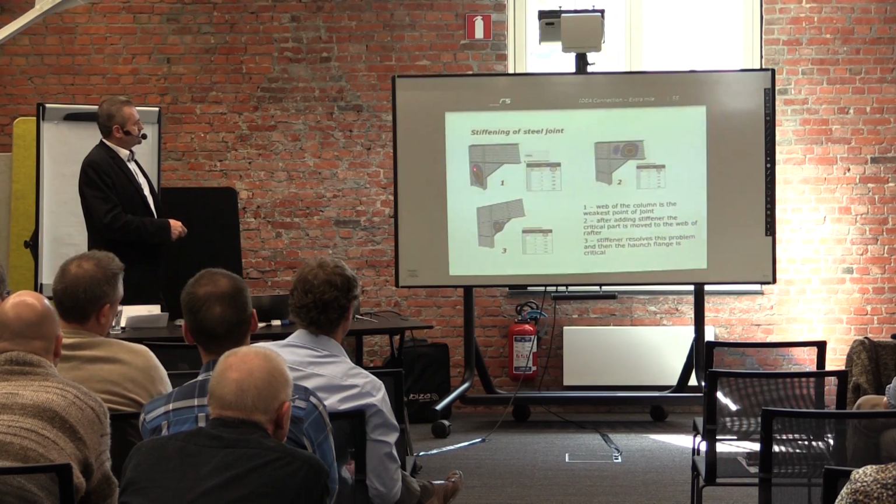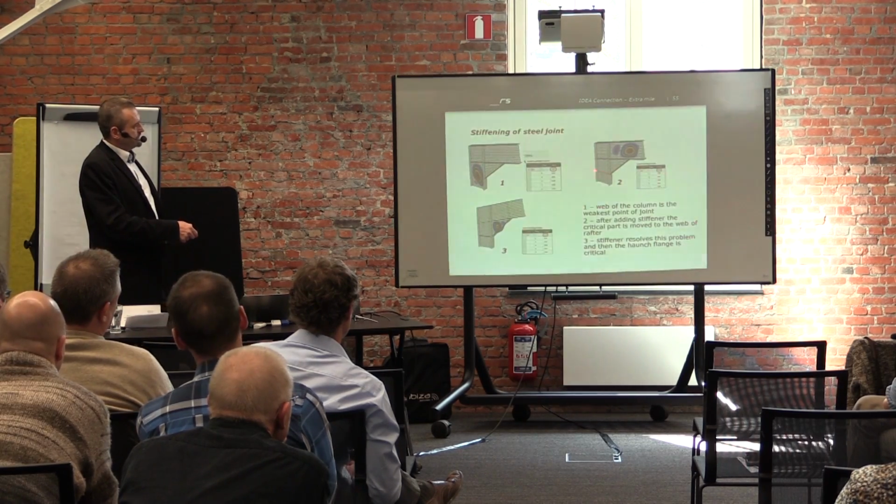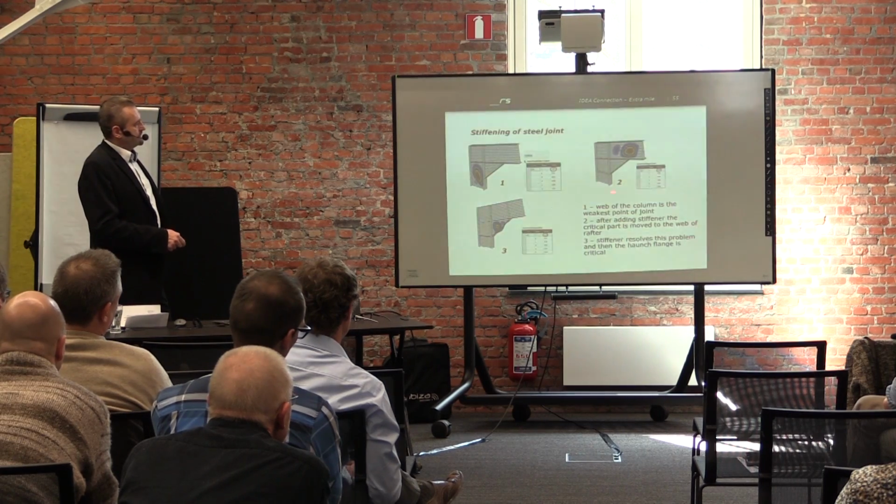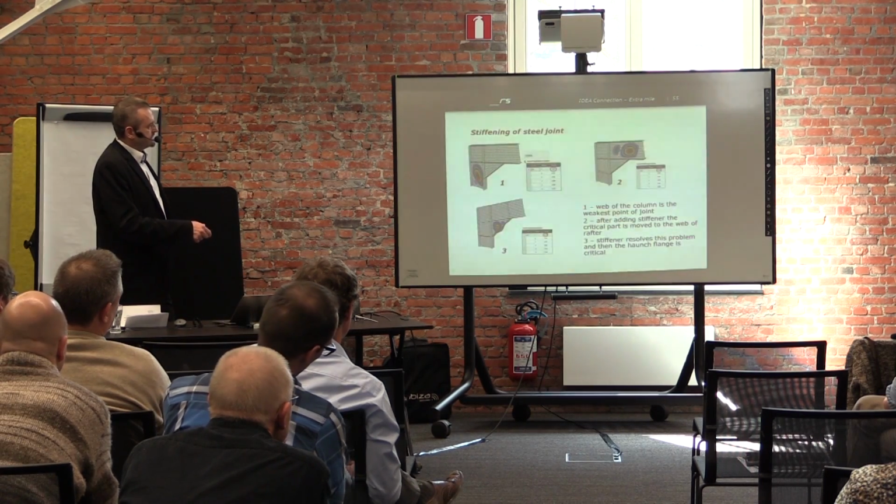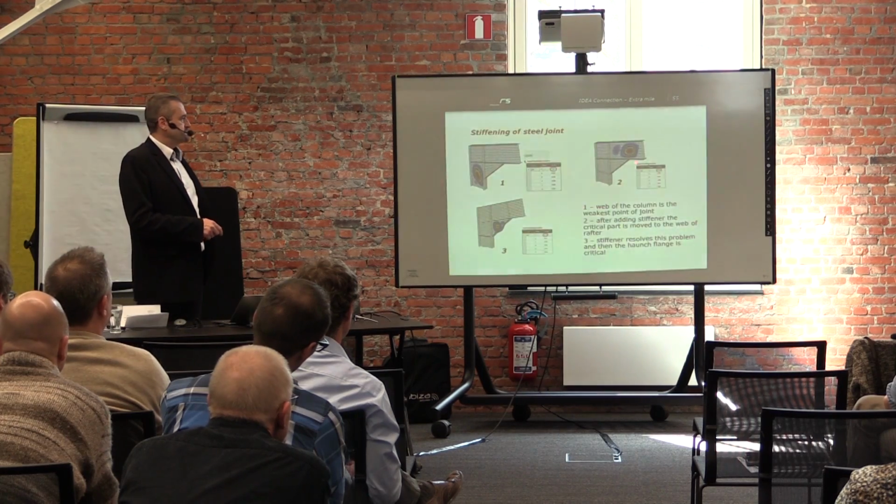There are welded sections and rolled sections. This effect is not very dangerous for rolled sections. For thin plates in welded sections, it could be an issue. You see that there is the problem. So we put there the stiffener, and the first buckling shape moves to another place. And now it is here.